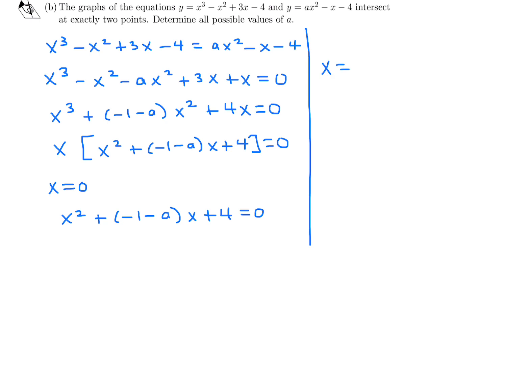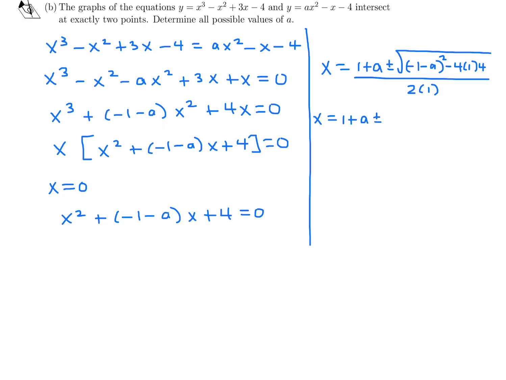So x will be minus b. So that looks like 1 plus a plus or minus the square root of (minus 1 minus a) squared minus 4 times 1 times 4, right? All over 2a. So this gives me 1 plus a plus or minus.